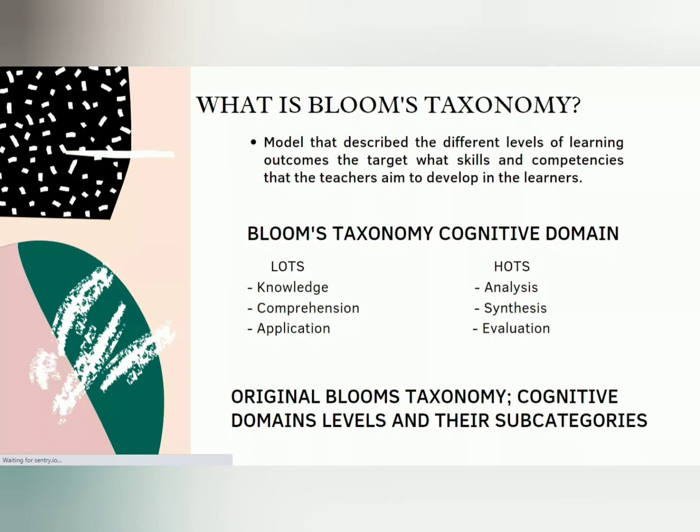So these higher order thinking skills are based on various taxonomies of learning, particularly the one created by Benjamin Bloom in his 1956 book, the Taxonomy of Educational Objectives, the classification of educational goals. The higher order thinking skills are reflected by the top 3 levels in Bloom's taxonomy.